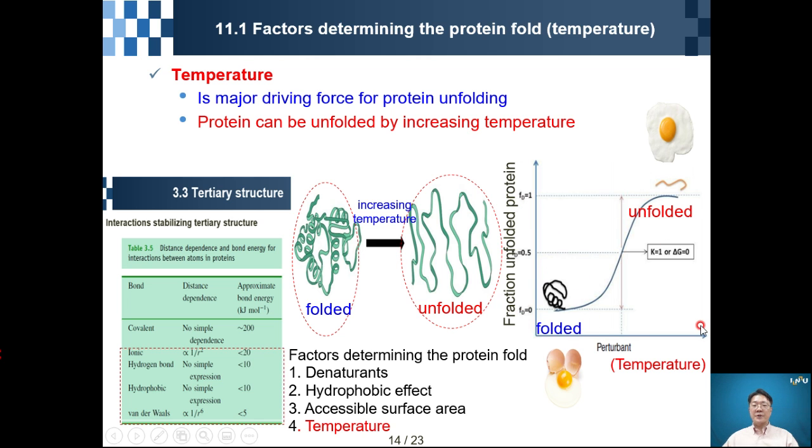So if we increase the temperature, folded protein can change to unfolded protein. Once again, temperature is the major driving force for protein unfolding, so it can be the final factor determining the protein fold.